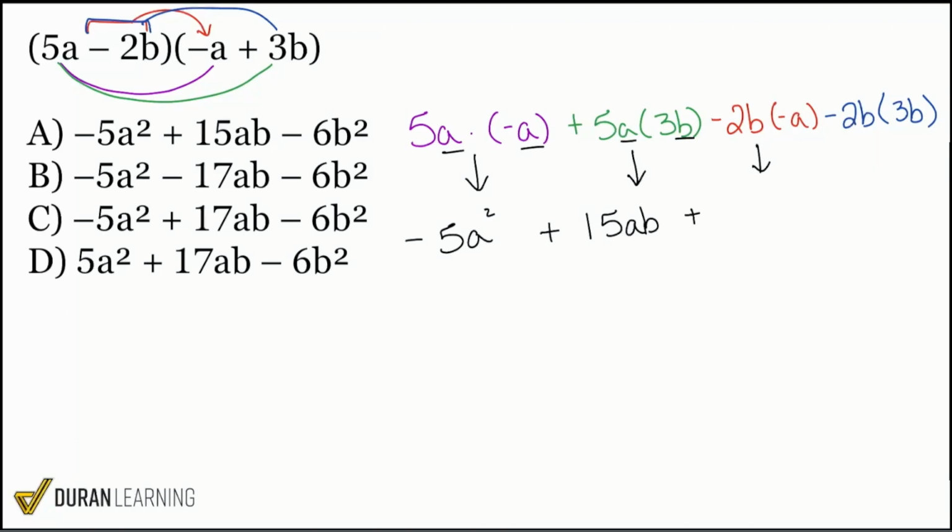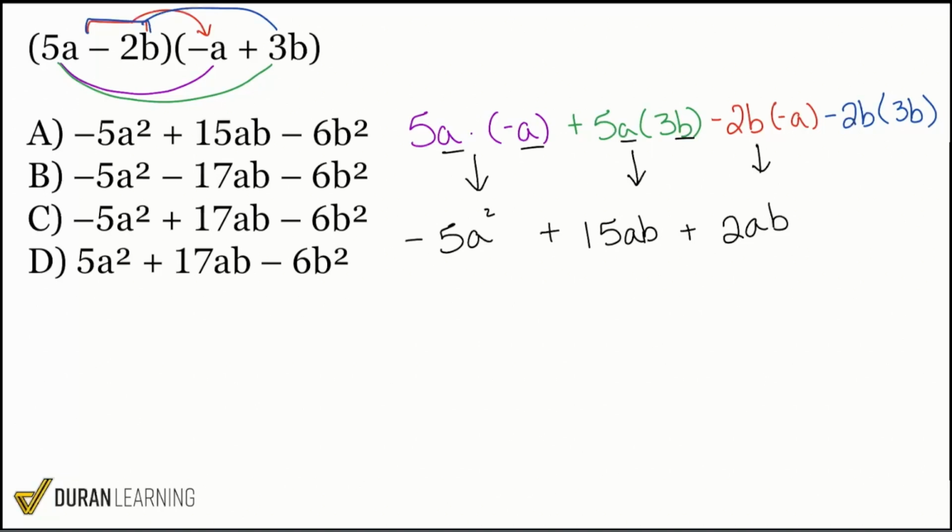And then we have 2 multiplied by 1, so that'll just be 2. And then b times a. Everybody, we can just write that as a times b. Again, b times a is the same as a times b. The only reason I swap them out is to show them in alphabetical order, because that's just the better way to write things down. It's just more natural, and it's easier to spot those like terms.